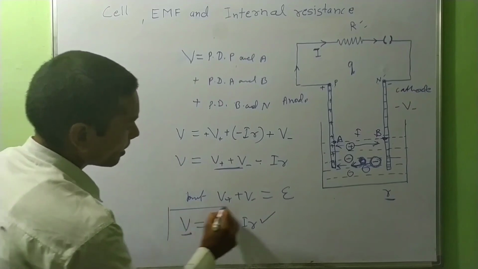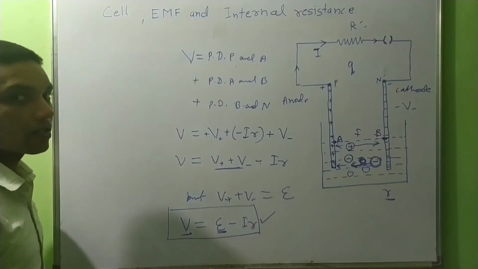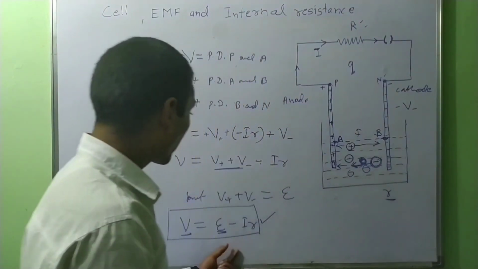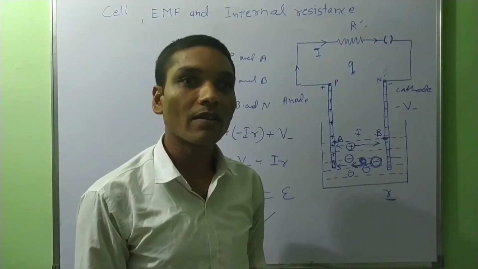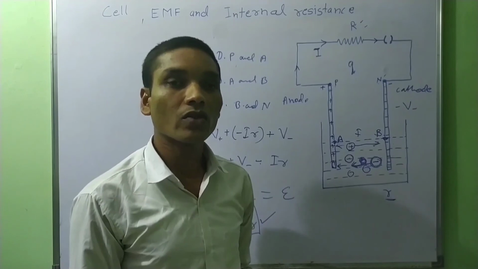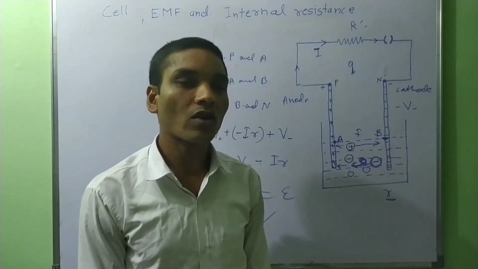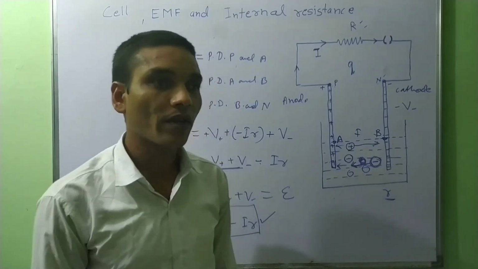So this is the relation between terminal potential, electromotive force, current, and internal resistance. Understood? This equation is very important for numerical solutions. So I hope you have understood all the concepts. Okay, thanks.